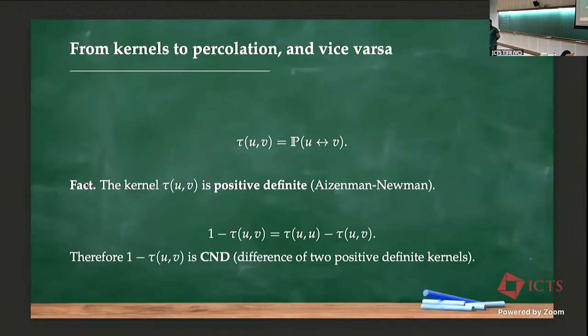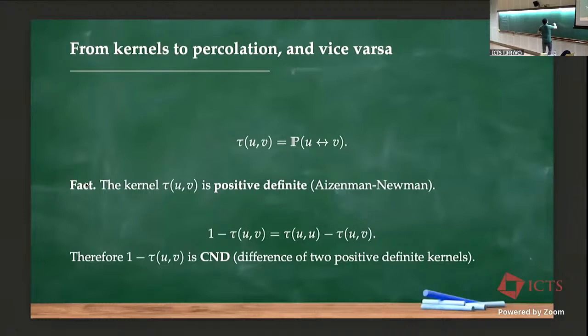Okay. So I can of course write this trivially as tau(u,u) minus tau(u,v), right? It's the difference of two positive definite functions. And a difference of two positive definite functions is conditionally negative definite. Maybe I should write this.